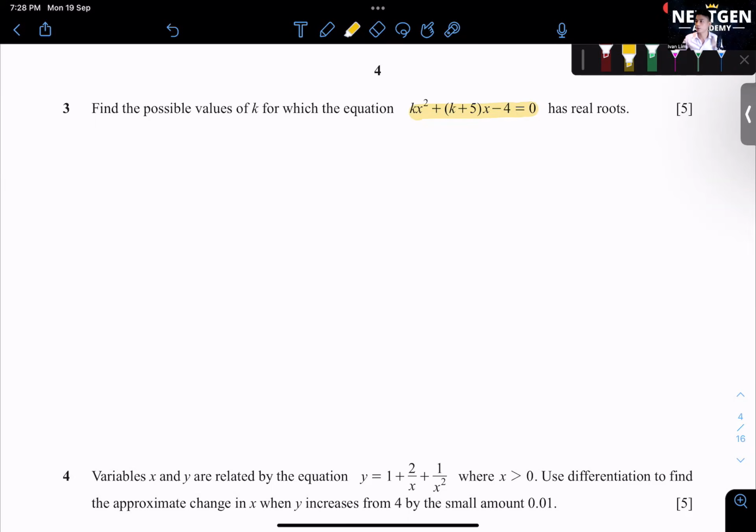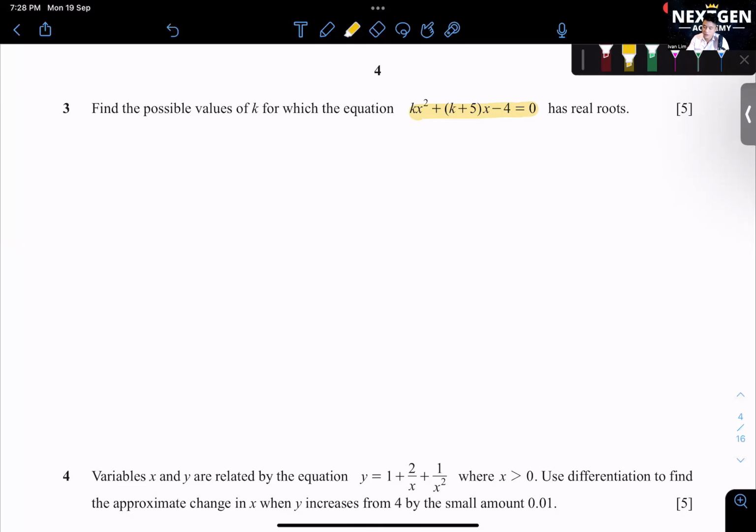Bigger than? Shannon says bigger than or equals to 0. Everyone's saying different things. Is it greater than or equals? Yes, greater than or equal.